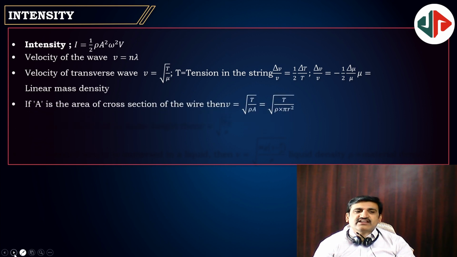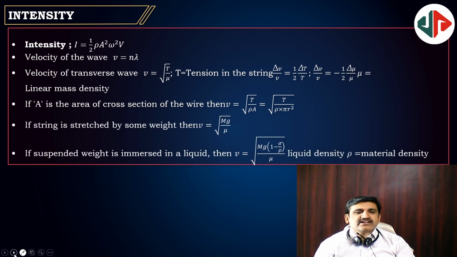If A is the area of cross section, then the same format can be changed into v equals root of T by A rho, where rho is the density. If the string is stretched by a tension mg, a suspended weight, then v is root of mg by mu. If that suspended weight is immersed in a liquid, then mg into (1 minus sigma by rho) will be the new tension. So the new tension by mu under root will be the wave velocity.